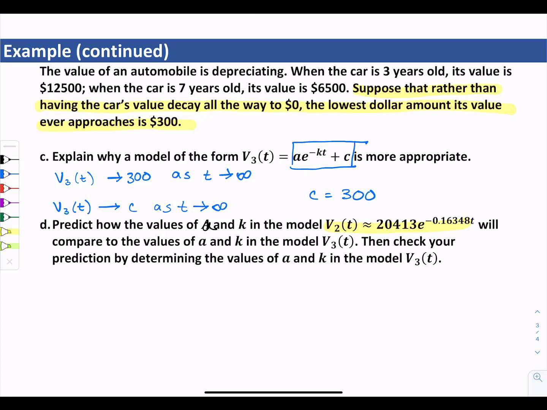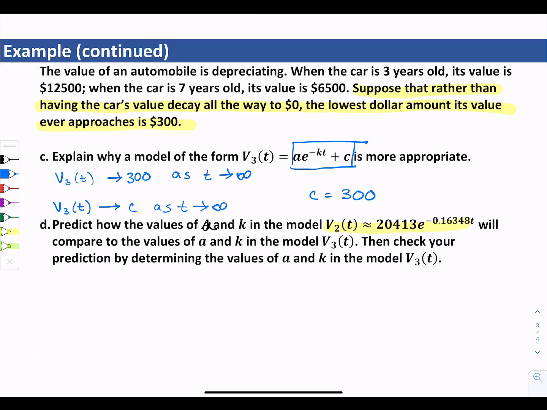So pause the video, seriously consider how you think the values of A and K might change, and then we will check together. Okay, so whatever prediction you made, let's see what actually turns out to be the case here.